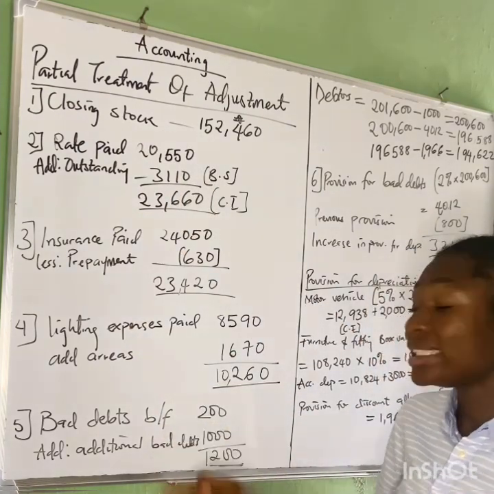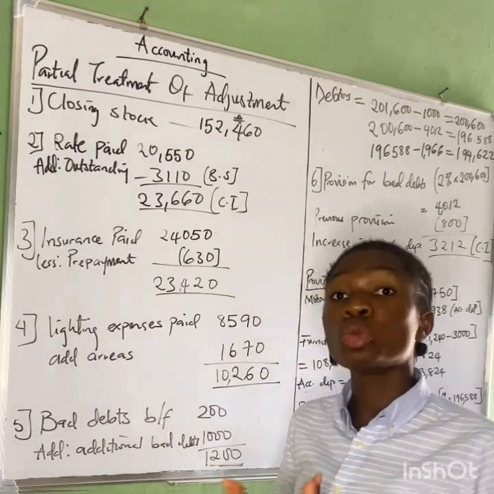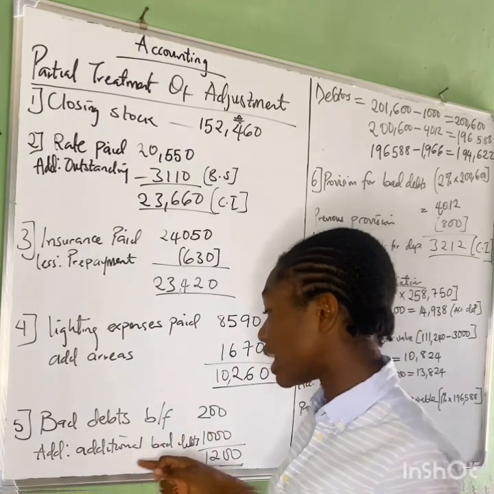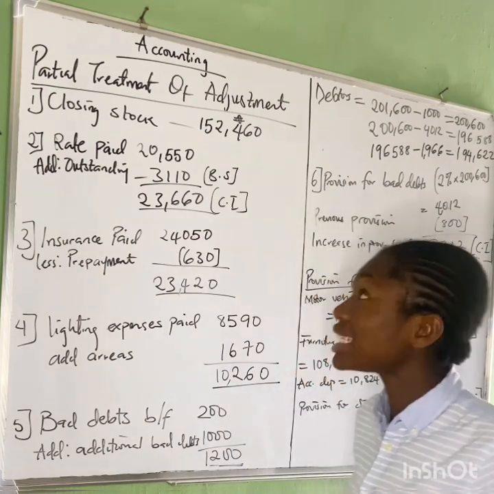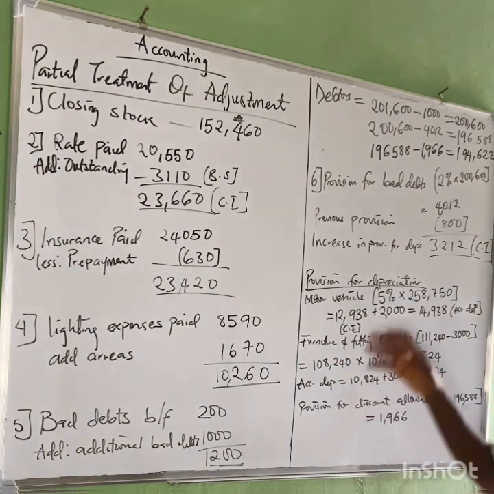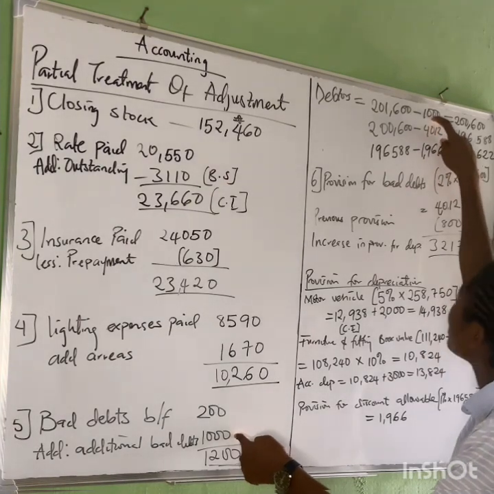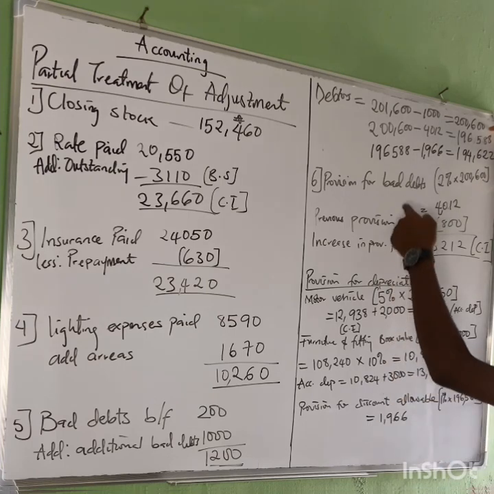Then we have our bad debt. Now this bad debt from the trial balance will not be going to the balance sheet, like I've said before. What is going there is the additional bad debt that was introduced, which is our 1,000 naira. And as you can see, it will be affecting the debtor's value, right? We have adjusted for this bad debt. We had a new debtor's value, and then we adjusted for provision for bad debt.